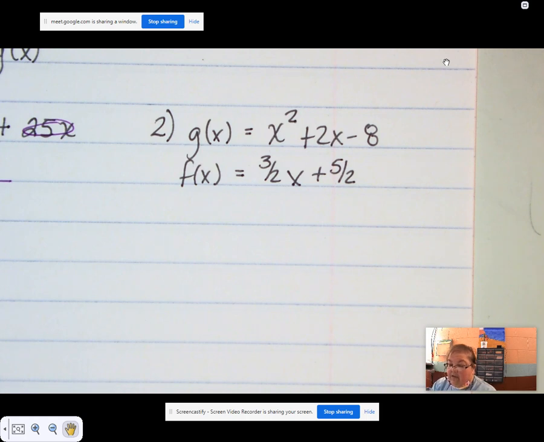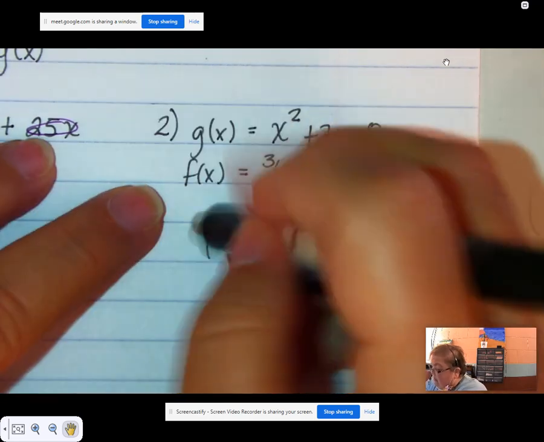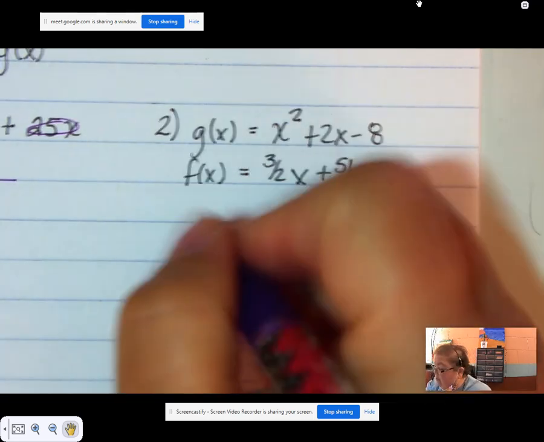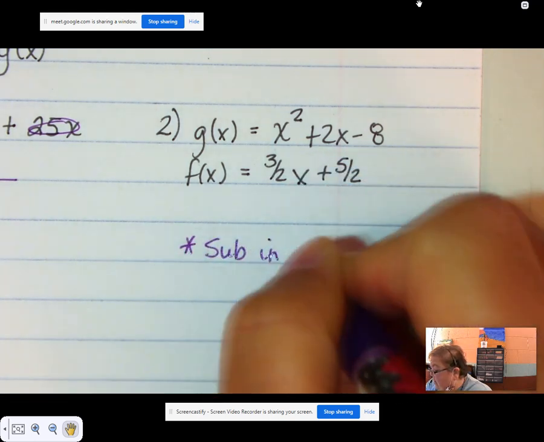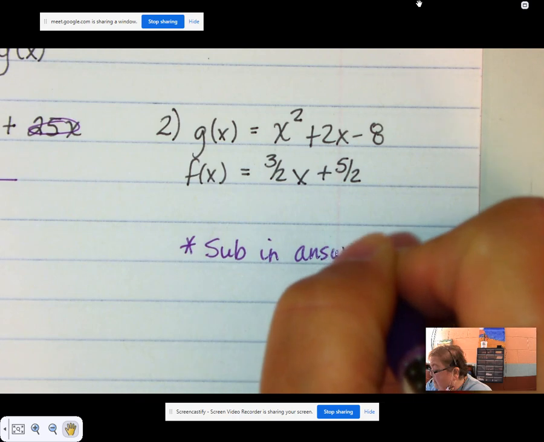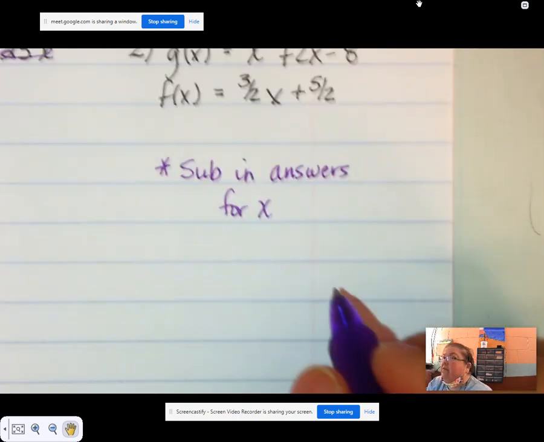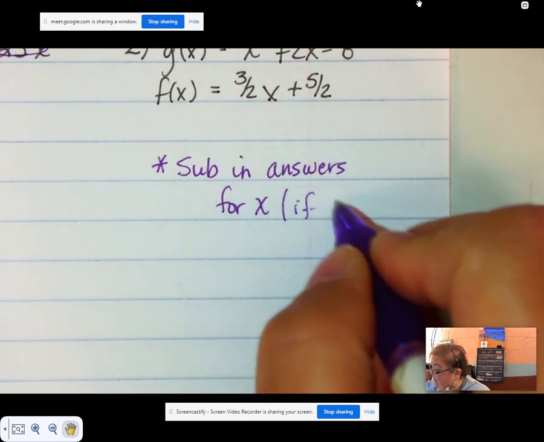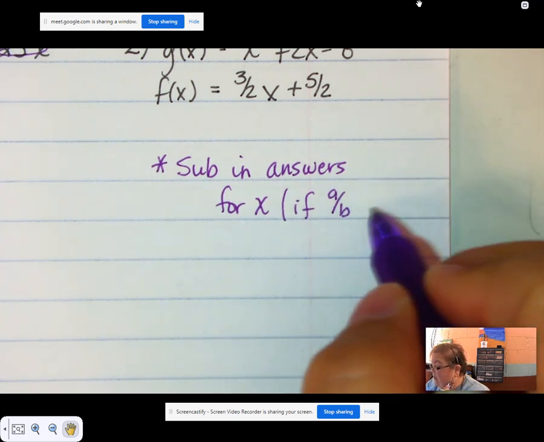Number 3, okay, I'm sorry, on number 2, here's what I want you to write. Here's your clue. Sometimes you need to sub in answer choices for x, especially if it's fractions.